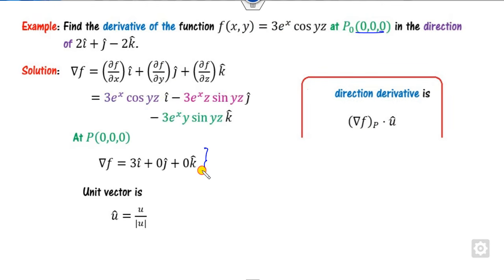The direction is 2i cap plus j cap minus 2k cap divided by the square root of 4 plus 1 plus 4, that is 3. Now take the dot product. It's 6 plus 0 divided by 3. The right answer is 2.